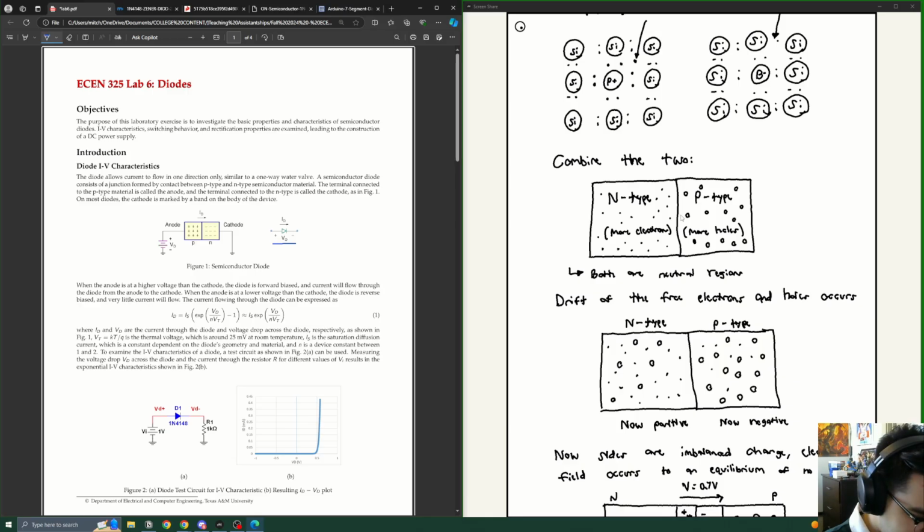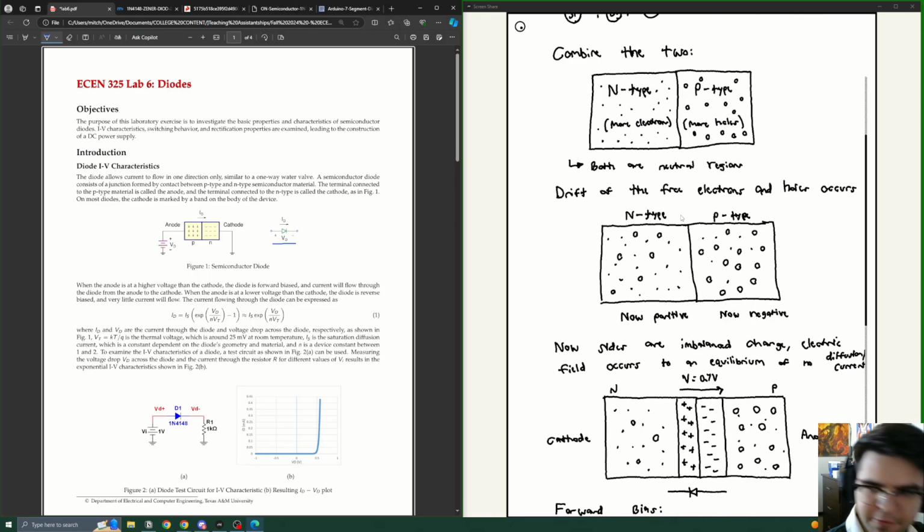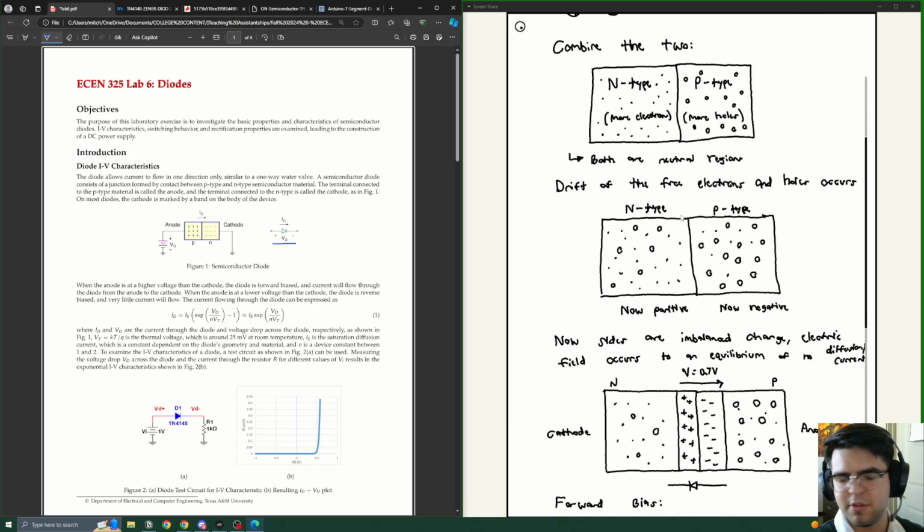And then the idea is that now that we have all these freely floating electrons and holes, and we put the two pieces of metal together, there are no forces really keeping them in any particular spot. So eventually they start to drift across the metal. Some of the extra holes from the p-type will go to the n-type, and some of the extra electrons will go from the n-type to the p-type.